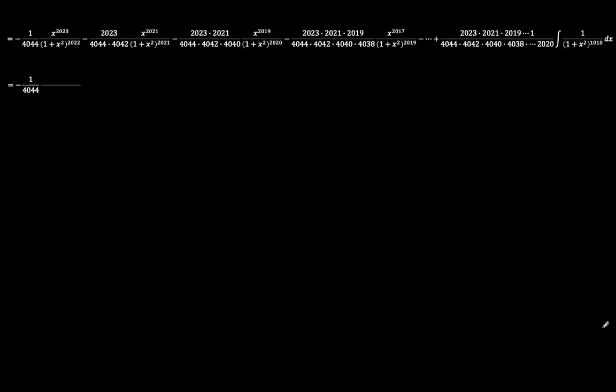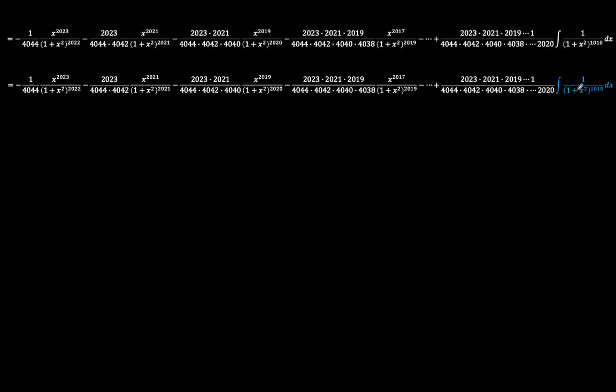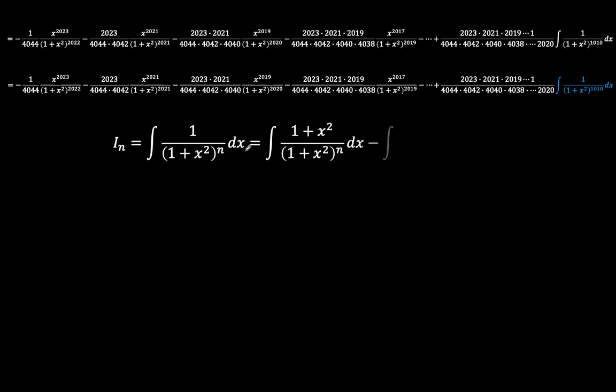So the strategy shifts, and let's focus on this part here. How do we integrate an integrand that consists of 1 over (1 plus x squared) to the power n? So let's call I_n the integral of 1 over (1 plus x squared) to the power n, which is equal to, we put x squared and this x squared would cancel, you're left with 1. But essentially, this now divides the denominator, and we have n minus 1 here.